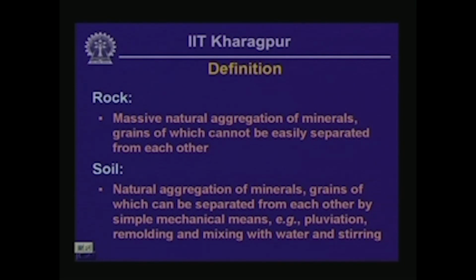So, these are the simple processes by which you could separate individual soil grains from other soil grains, whereas these processes will not in general be able to separate individual grains of rock from each other. So, that is the distinction between rock and soil which we are going to use in this course.